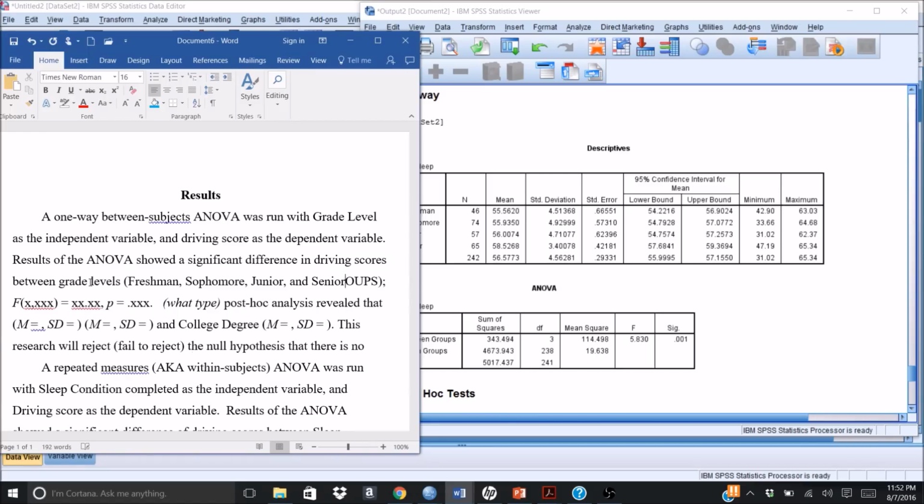And sometimes it's not as obvious as this. Sometimes you have different groups and it's not as obvious as freshman, sophomore, junior, senior. So it's good to put the groups that you're looking at.